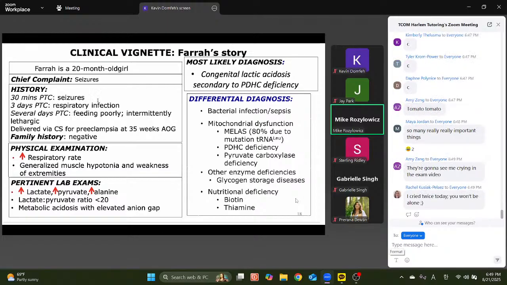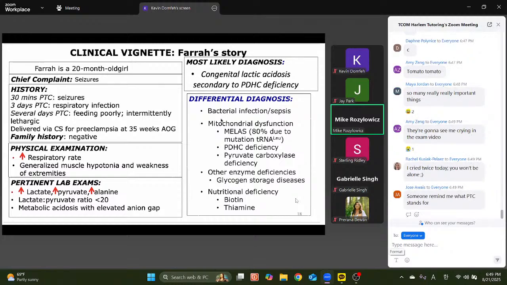You're going to have increased lactate, pyruvate, and alanine because we can't break down these products correctly, so we end up creating more alanine and lactate. All of these are in your metabolic pathway, so don't freak out at what I'm saying if you can't see it.